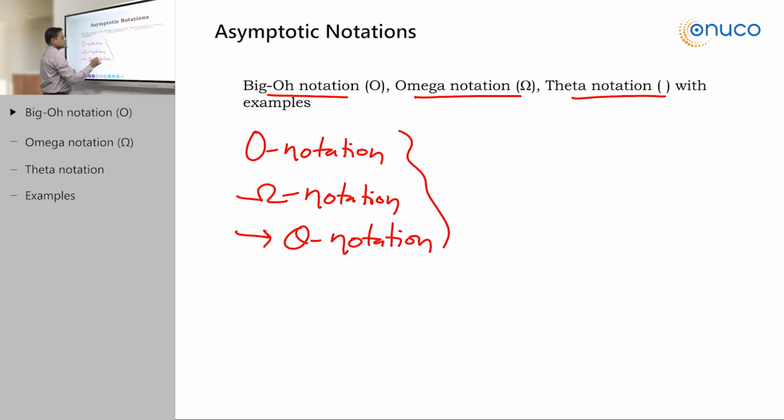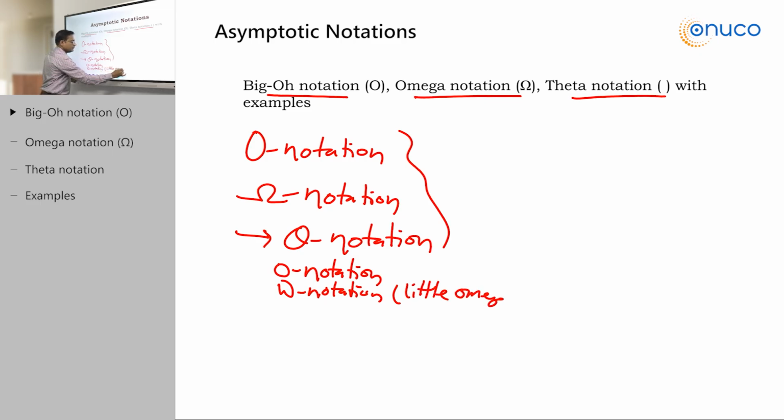Apart from this, which is there in your syllabus, there are two more notations: small o, that is called little o notation, and little omega notation. So we'll focus on these three notations: big O, big omega and theta notation, with examples.